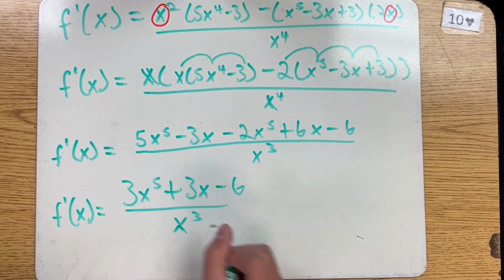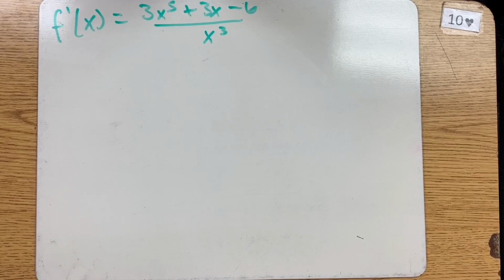Using the quotient rule, we get f prime of x equals 3x to the fifth plus 3x minus 6 all over x cubed.